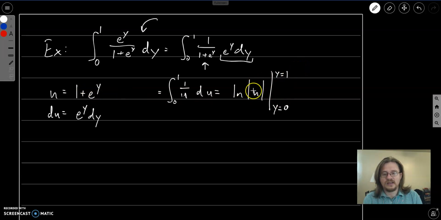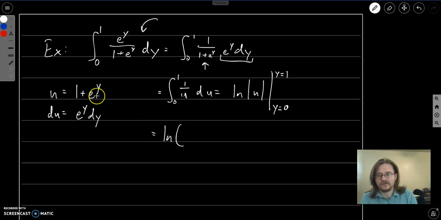So when I evaluate this integral, I have to remember to plug back in for u my original function, because if I plug in 0 and 1 for u here, it's not going to make sense.